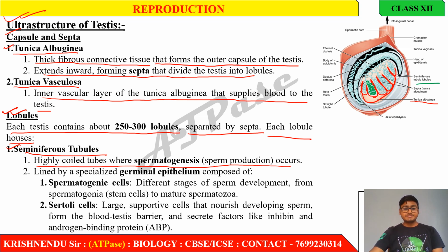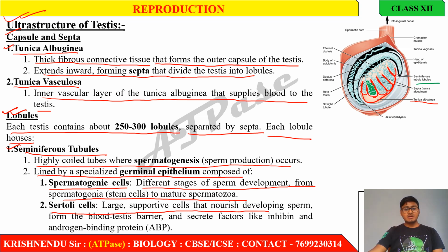These seminiferous tubules are lined by a specialized germinal epithelium composed of spermatogenic cells, that is different stages of sperm development from spermatogonia, the stem cell, to mature spermatozoa, and Sertoli cells, that is large supportive cells that nourish developing sperm, form the blood-testis barrier and secrete factors like inhibin and androgen binding protein, that is ABP.